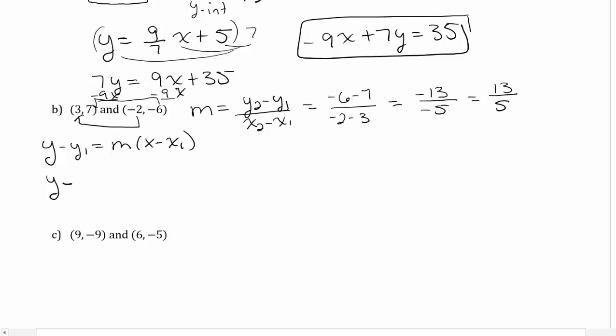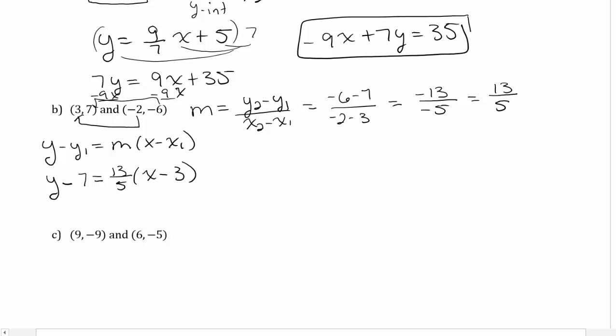I'll always just use the first one in class, unless for whatever reason the other point is easier. Like in the first example, 0, 5 was the intercept, and so I just went ahead and used that. So that's going to be y minus 7 equals our slope, 13/5, times the quantity x minus 3.